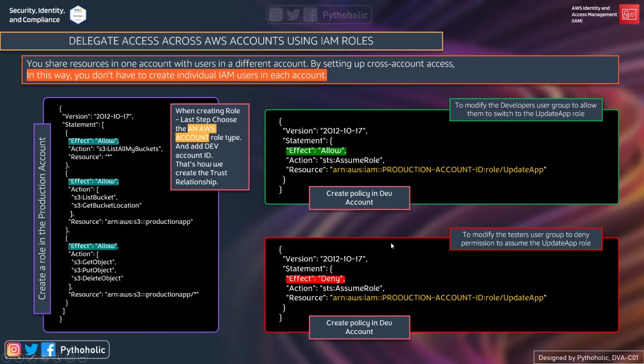And this policy will be attached to the tester user group, so that they will not be allowed to perform the action of STS assume role on the resource, that is the production account, colon role, and the resource ID is update app. So I hope you got the point on how we have created the role in the production and how we have maintained the policies at the dev side. And this will actually help you to assume the role and to make use of the resources in the prod.